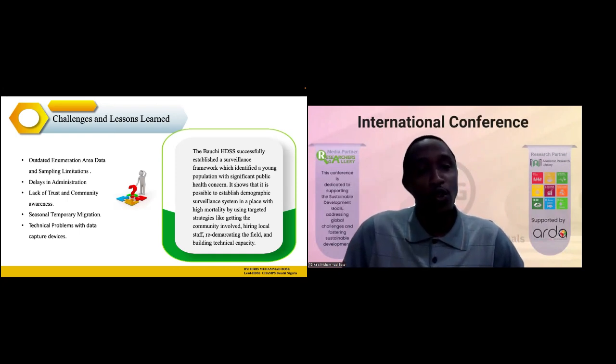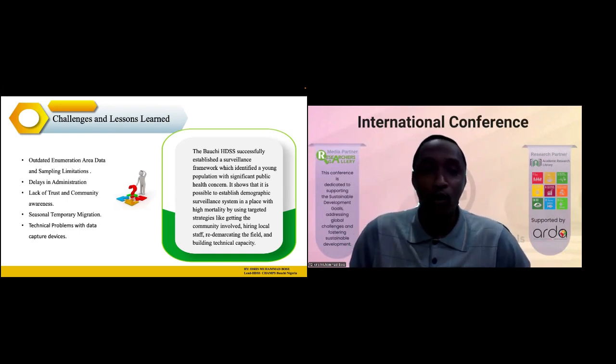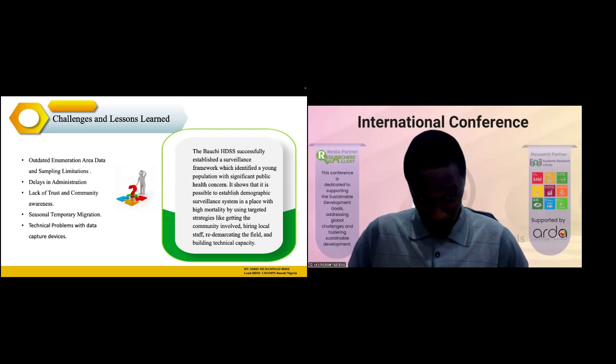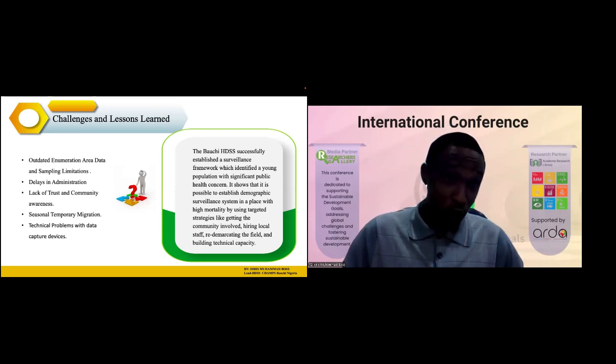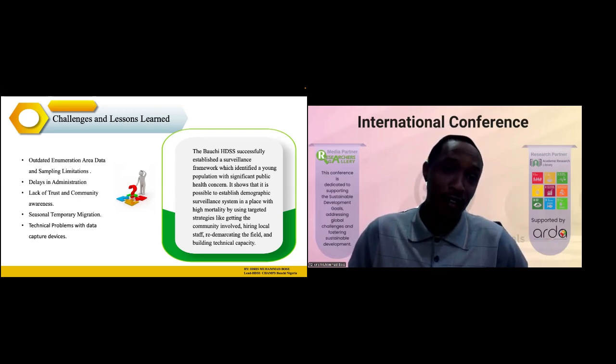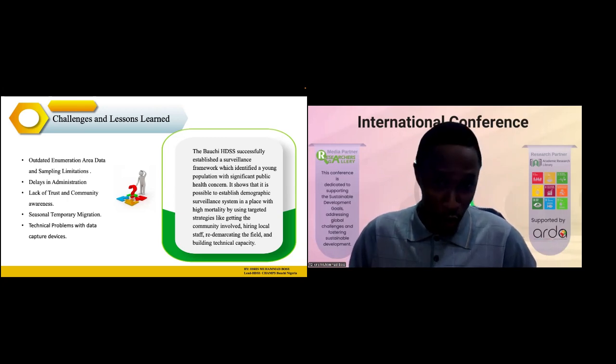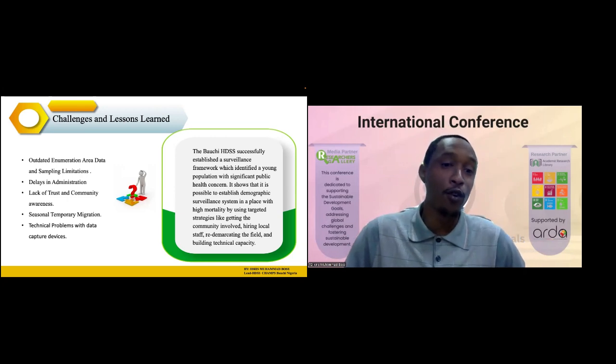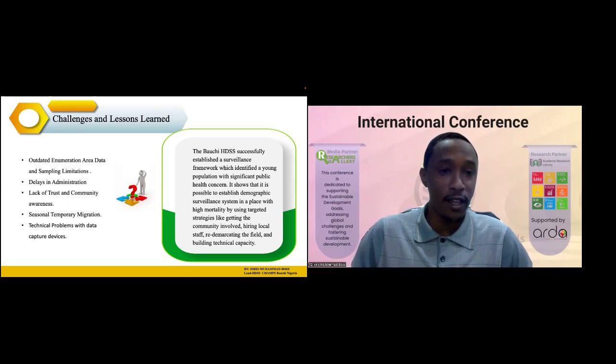So the use of outdated enumeration area maps, due to the unavailability of current enumeration area maps, has created a lot of gaps, because a lot of communities have fully developed into multiple clusters. So we found it very difficult to enroll all the communities at the initial stage.